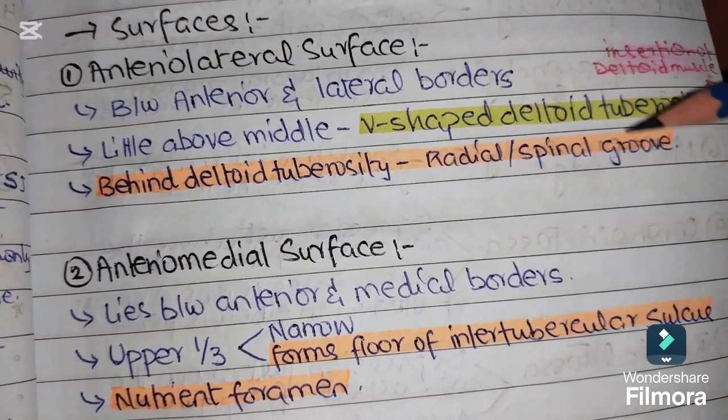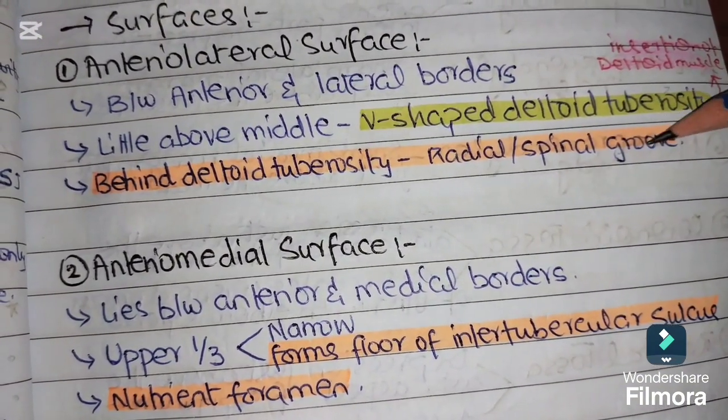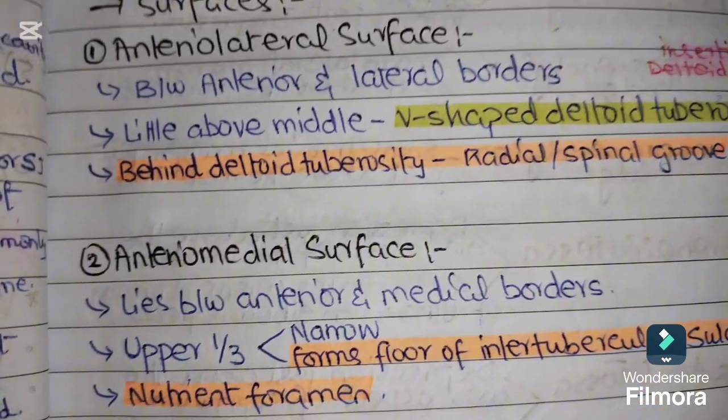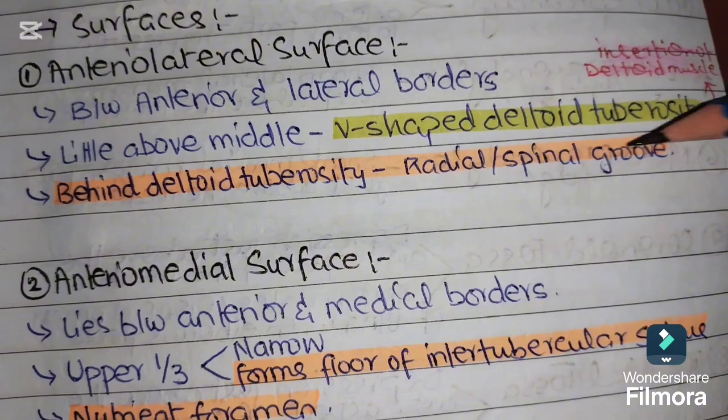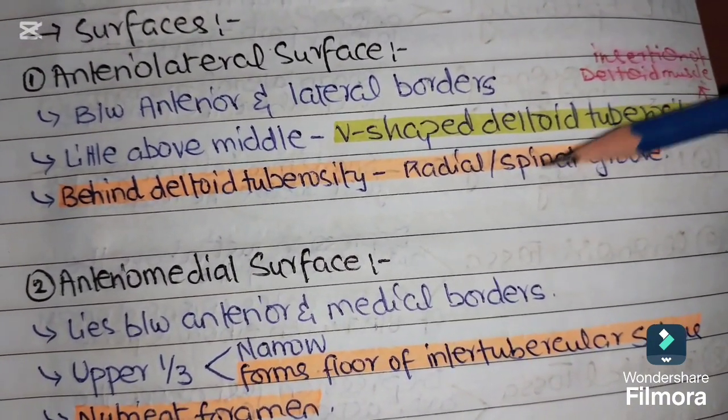And just behind this deltoid tuberosity, there is a groove present on the posterior surface of the shaft of humerus, and this groove is known as the radial groove or the spiral groove.